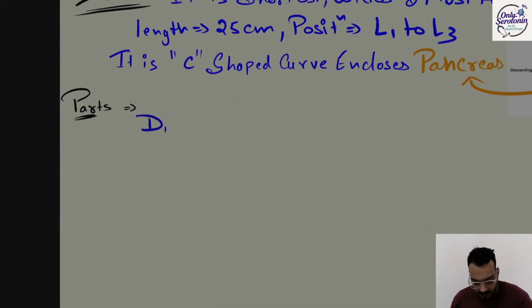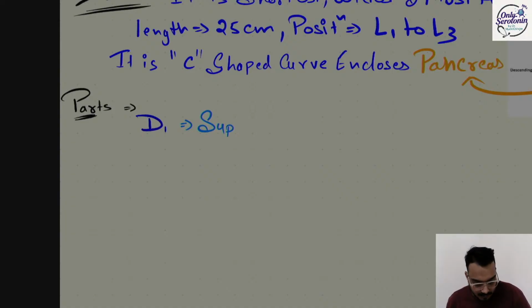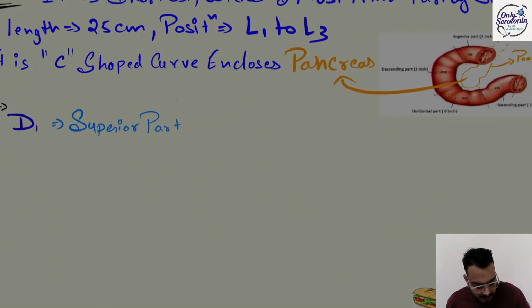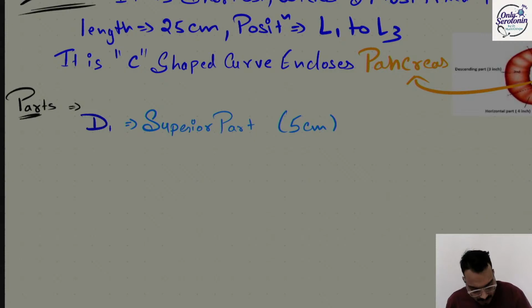What about the D1 part, guys? D1 part is known as the superior part. The length of this part is about 5 centimeters. This part is the most mobile part.